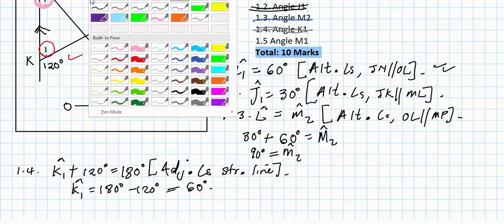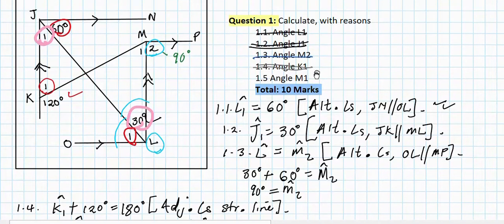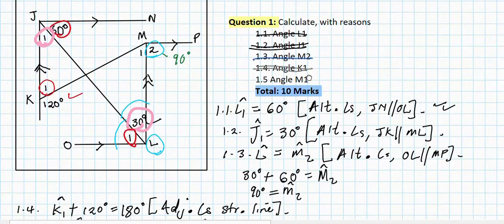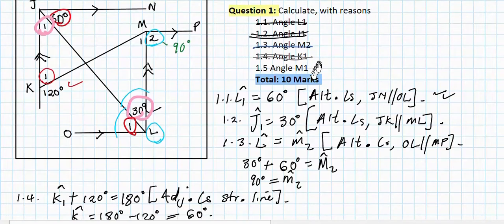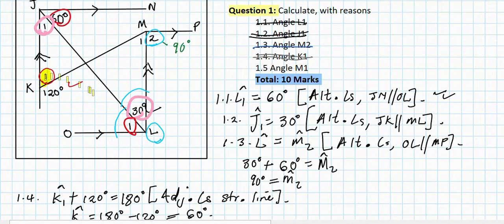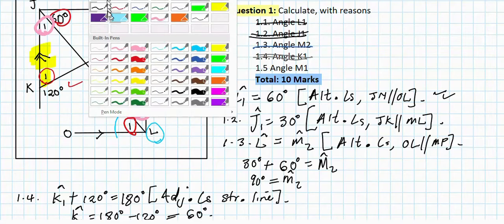So for 1.5, they are saying let's find M1. You do realize that if we found K1 just now, the examiner was leading us to be able to find M1. So since we found K1, let me highlight that so that we can all see it. K1 forms a Z formation with M1, and we have parallel lines for that Z. Here is the parallel line there, and here's the parallel line there. So that shouldn't be a problem.